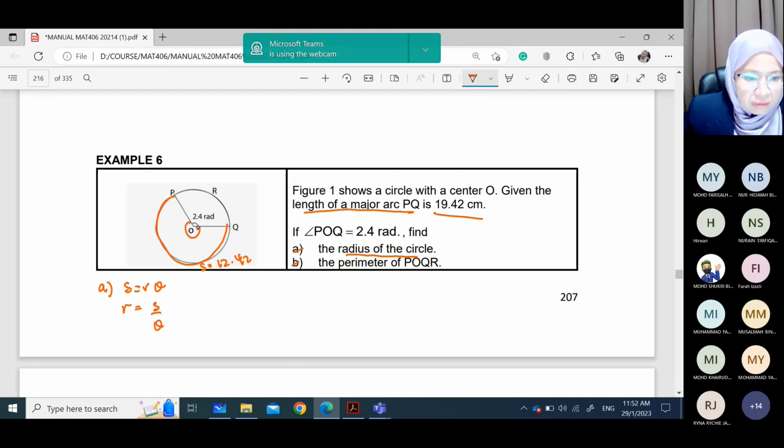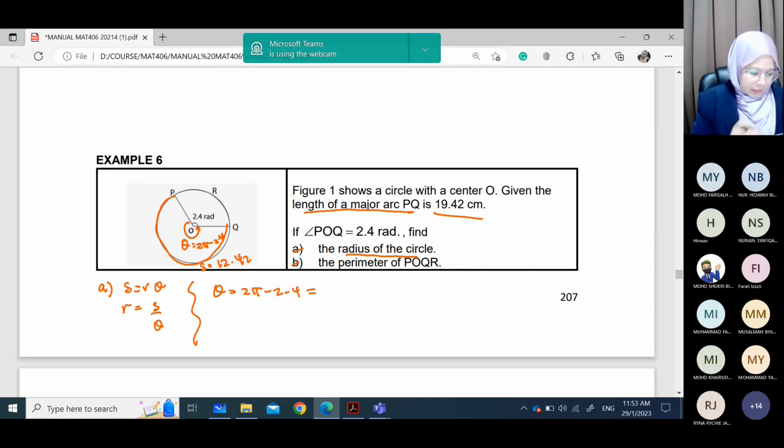Jadi angle bagi arc, bagi major arc length ni adalah di sini. Ini dia punya angle dia. So angle yang ini adalah 2 pi minus 2.4. Betul. Okay. So kita punya angle dekat sini adalah untuk major sector is 2 pi minus 2.4 radian.